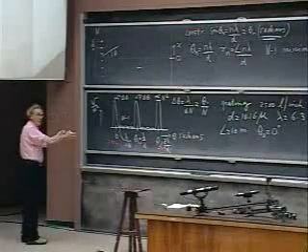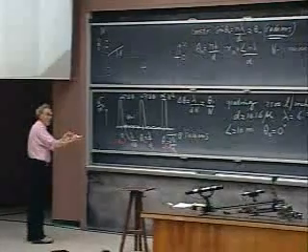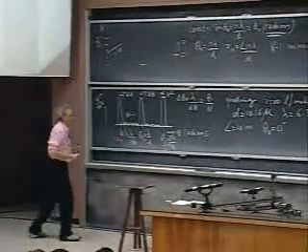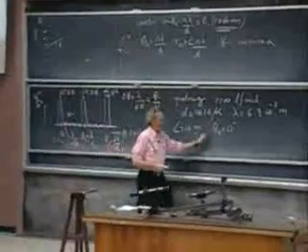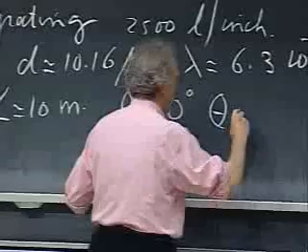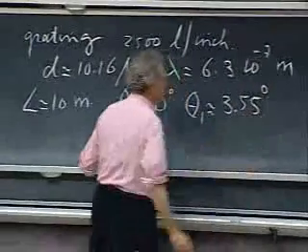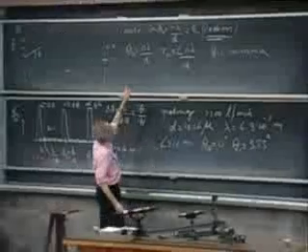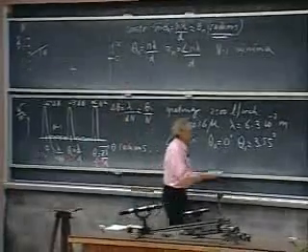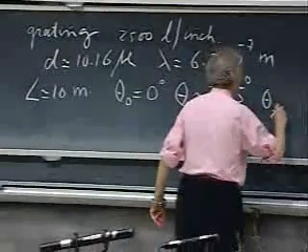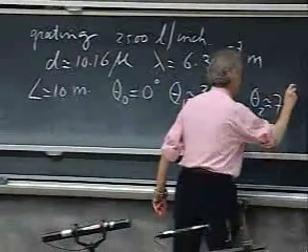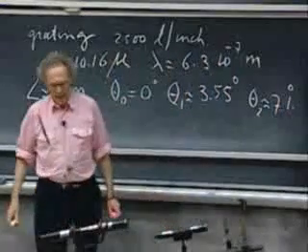They produce the same frequency, they produce the same wavelengths, and they're all in phase with each other. So there will be a maximum at theta 1 equals 0. And then there will be a maximum which I calculated to be at 3.55 degrees. I calculated that from this equation, and then theta 2 will be at roughly 7.1 degrees.